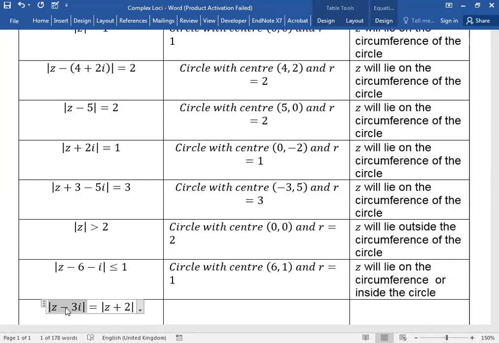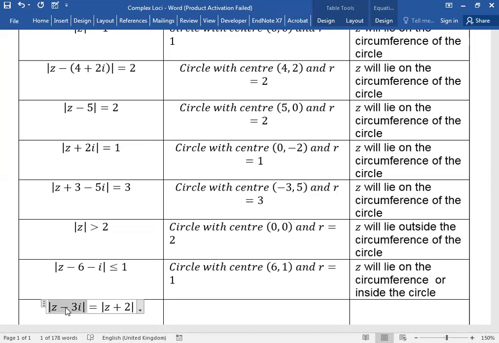If I tell you the distance of z from 3 iota or the distance of z from -2 is the same, where will z lie? It will lie anywhere in the middle of 3 iota and -2. And if I make a perpendicular bisector between these 2 points, z will lie anywhere on the perpendicular bisector.